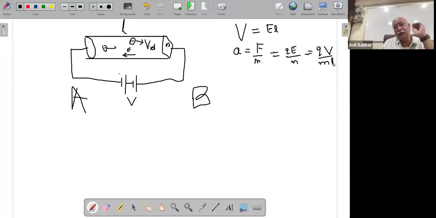So now we find the formula for this drift velocity.